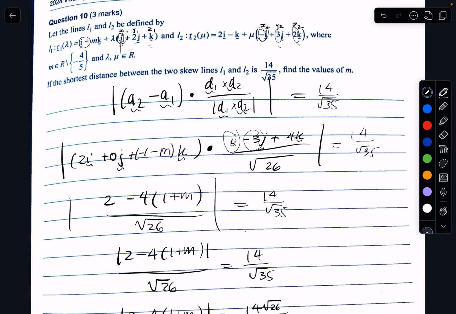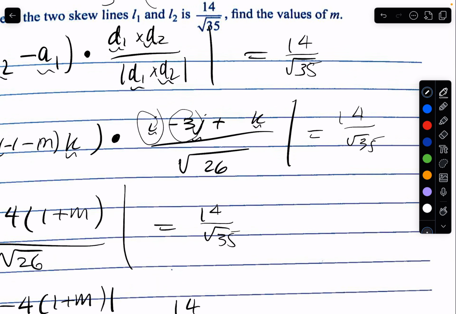So x1 is 1, y2 is 3. So plus x1, y2, 3, minus x2, y1. Is that 5? Okay, let's do that one again. x1, 1 times y2, that's 3, minus, and then x2, y1, -1 times 2. That should be 5.